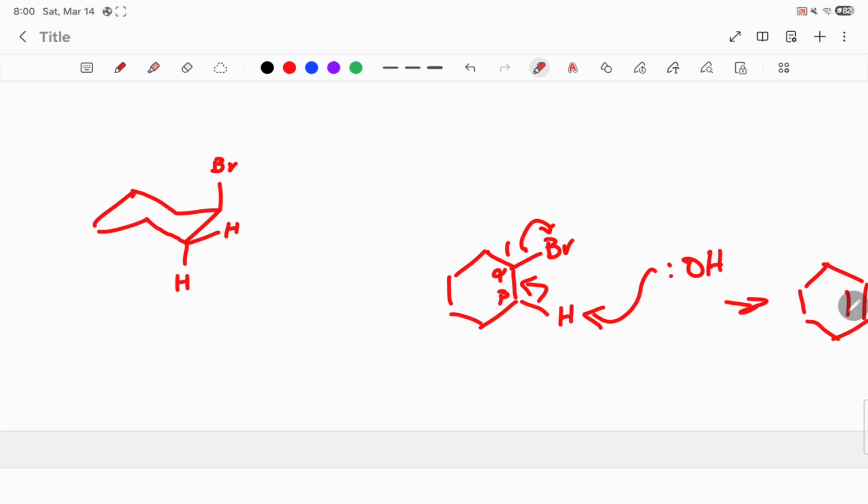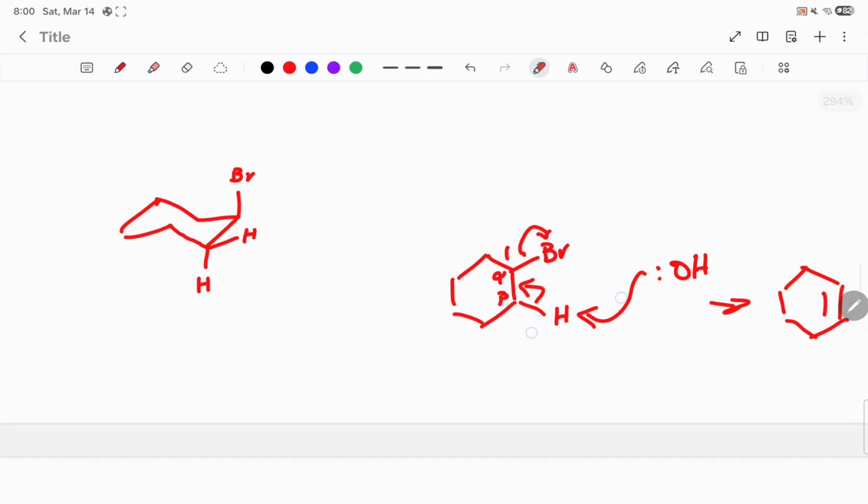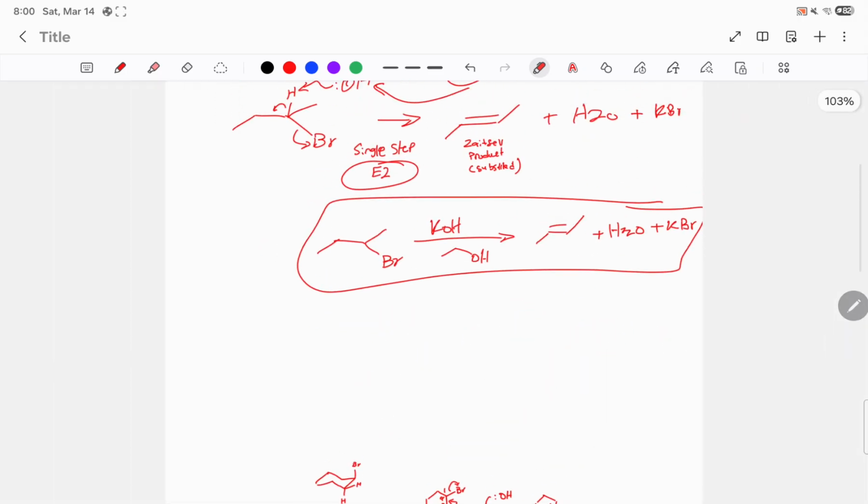The mechanism enforces us to take this hydrogen and never this hydrogen. And so this specific orientation where they are 180 degrees apart is known as anti-periplanar conformation. And so this is the hydrogen we will be taking. Again, in a mechanism, of course, you will see this. Amazing.